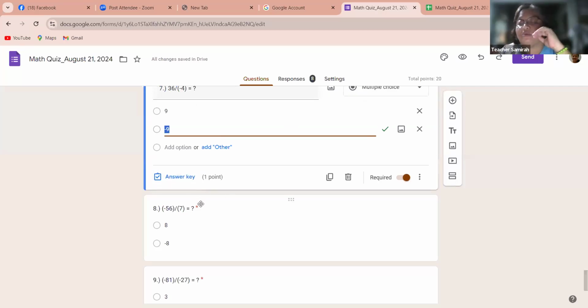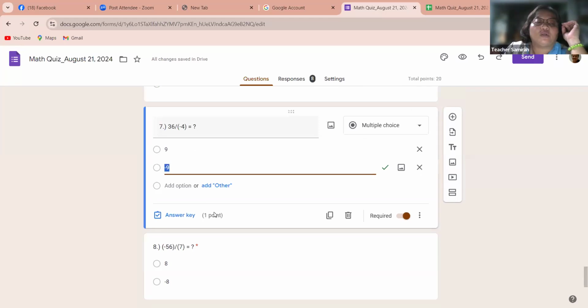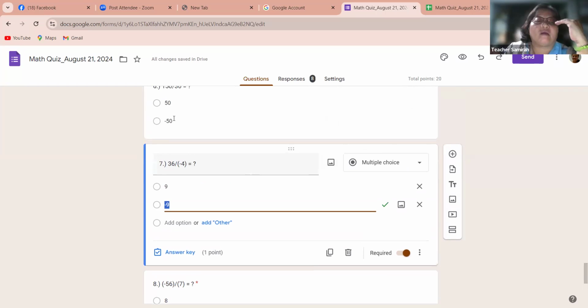Okay, by the way, do not worry about number 6 because I already changed your score. Upon further inspection or review, I noticed that I was able to mark the negative answer, but I was able to correct it already.